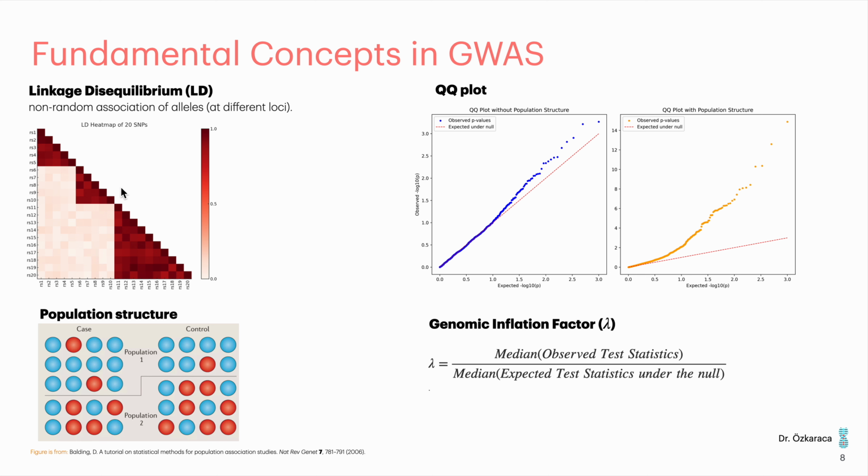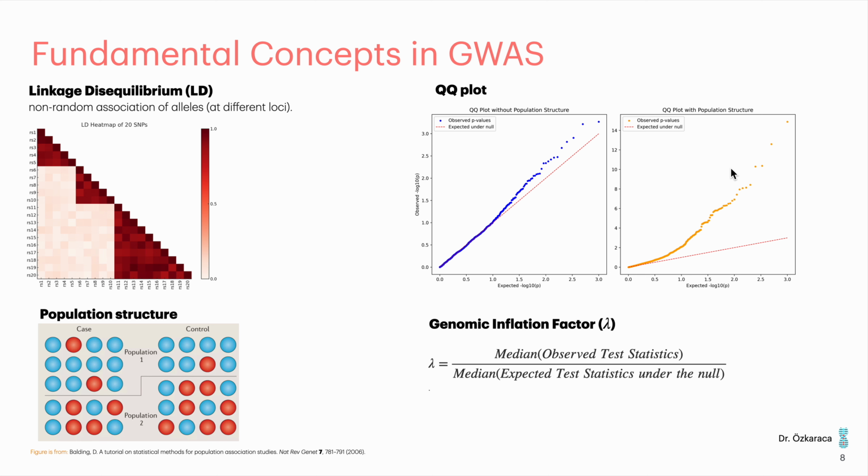What you expect in general in a GWAS without a population structure is that you see a good alignment for quite a number of SNPs, and then the rest of the SNPs that are found associated with the trait deviate from the expected test statistic distribution. And the QQ plot under the scenario of population structure starts to deviate from the expected statistic way too early. So you see something like that.